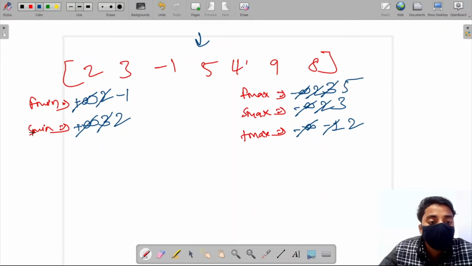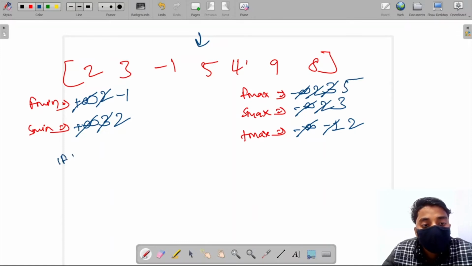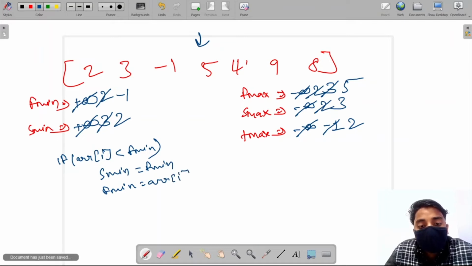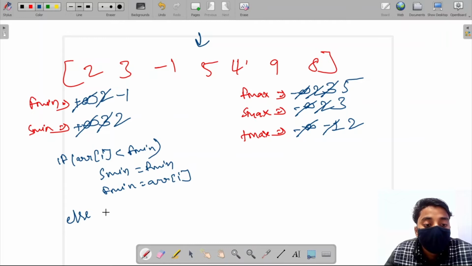So we need to check if array at I is less than fmin. We need to update the second min by fmin, that is first min, and then update the first min by array at I. This is the first thing to find the first min and the second min.